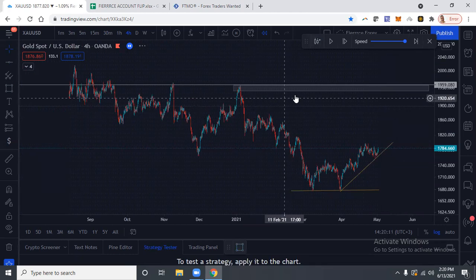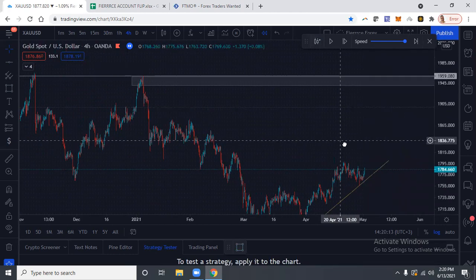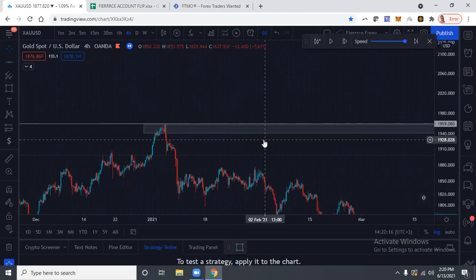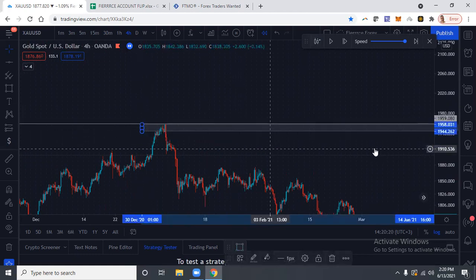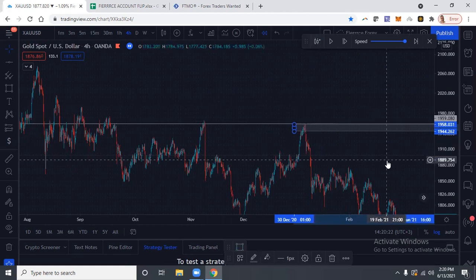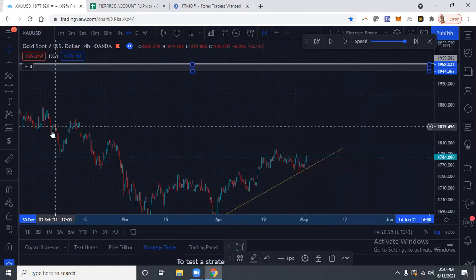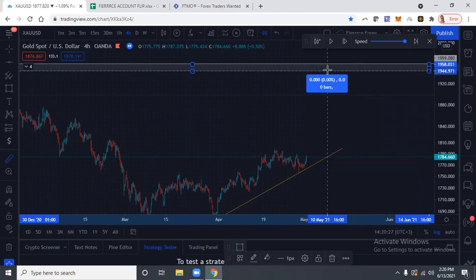Okay, so that for me is a key level, a pretty key level. I'm hoping price will retest this zone, which is about a couple of pips.